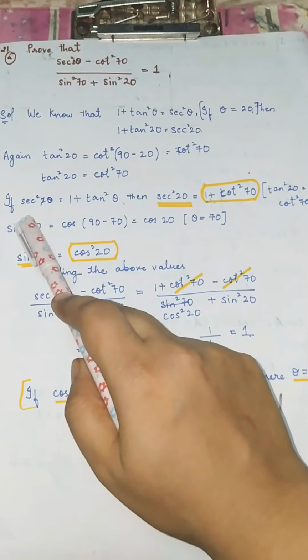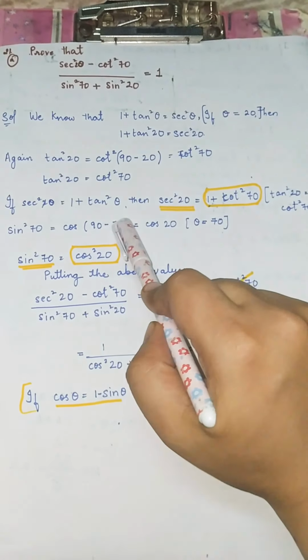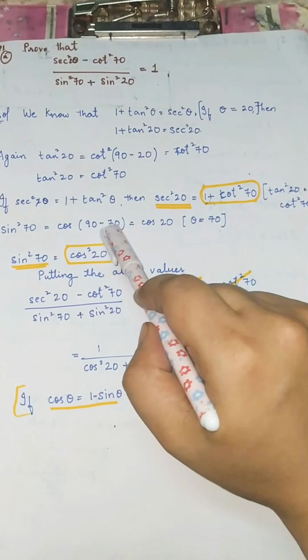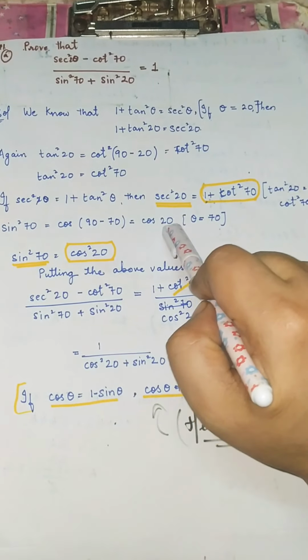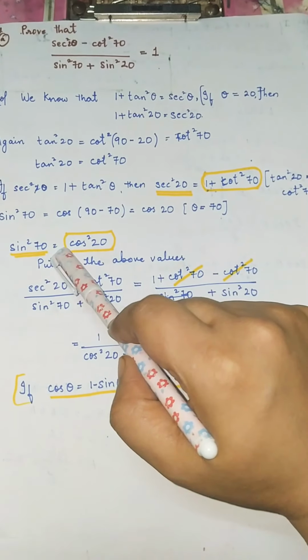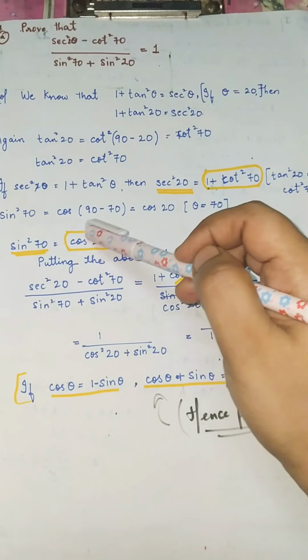Now sin square 70: sin theta is cos of 90 minus theta, cos of 90 minus 70. What is 90 minus 70? It is cos 20, theta is 70 here. Now sin square 70 is equal to cos square 20.